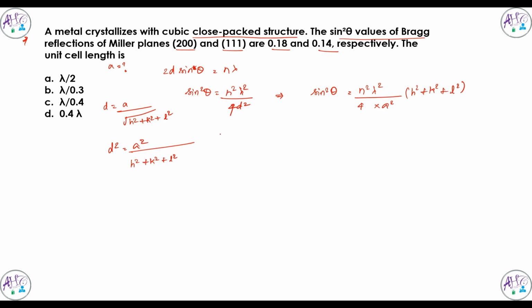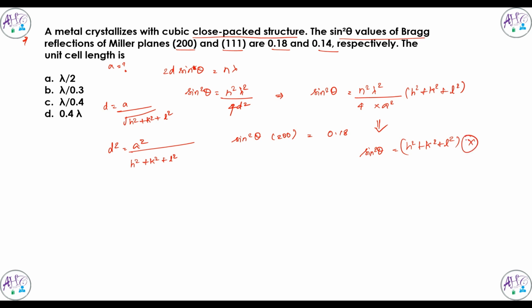Okay? So see what they have given in the question. Now they have given that sin square theta of the 200 plane is going to be equal to 0.18. So we can write this equation as sin square theta is going to be equal to (h square plus k square plus l square) into x.